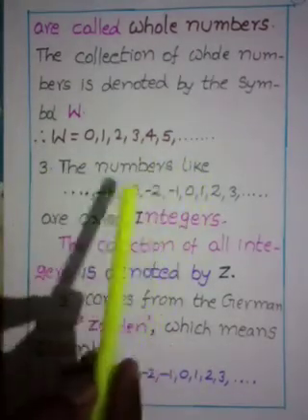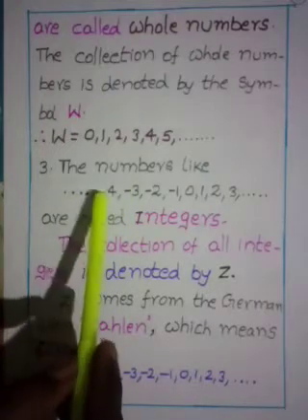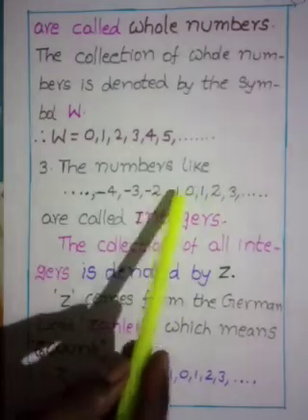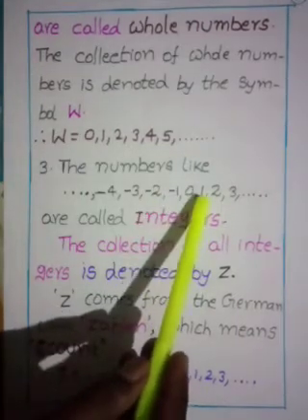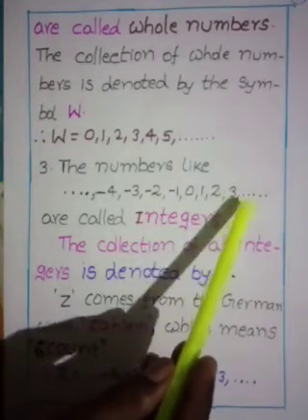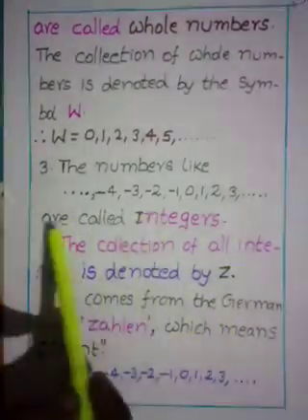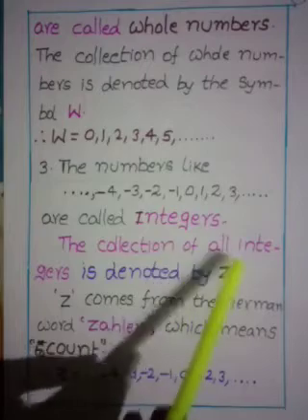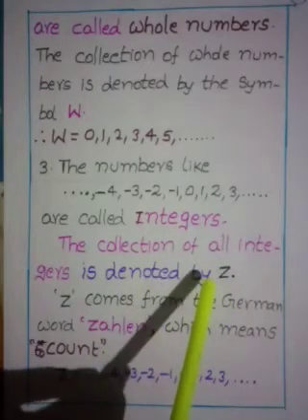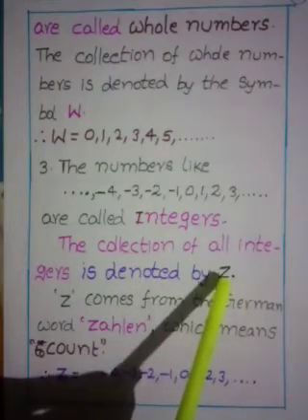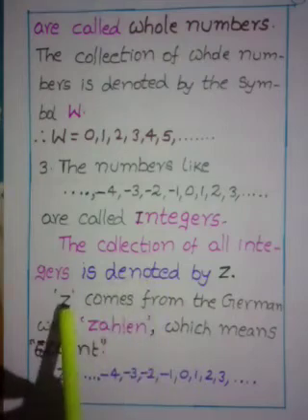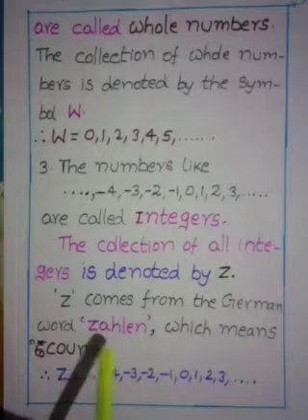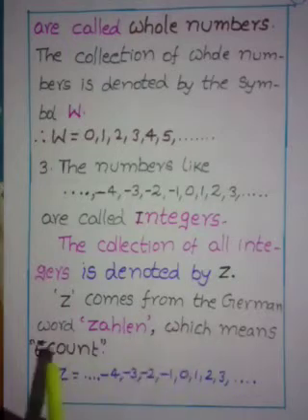The numbers like, and so on, -4, -3, -2, -1, 0, 1, 2, 3, and so on. These numbers are called integers. The collection of all integers is denoted by capital letter Z. Here the letter Z comes from the German word Zahlen, which means count.